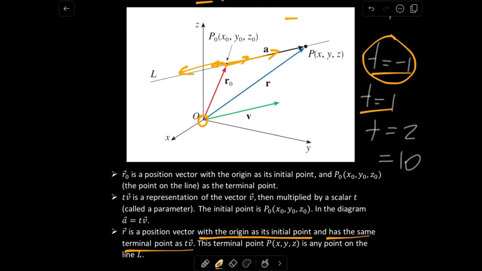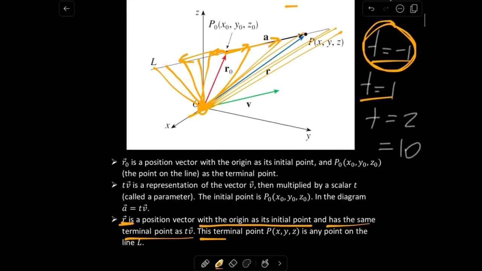And now the vector p is going to come from the origin, and it's going to map out all of these points on the line. As you change the value of t, this vector p is going to spread and spread, and wherever it ends, it is always going to touch this line L. So this vector r basically points to the line L, and it maps it out as you change the value of t.